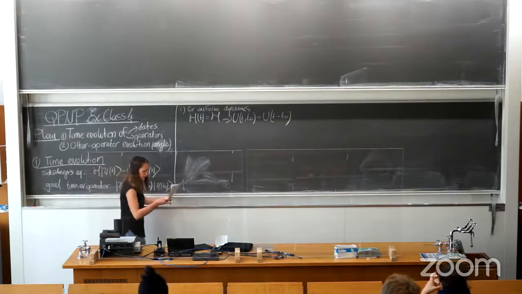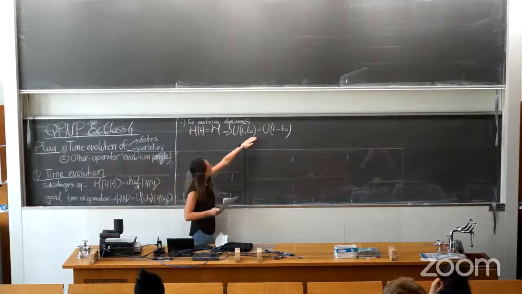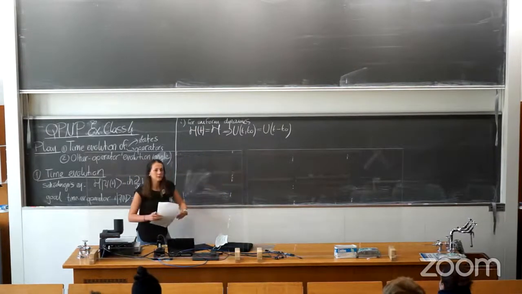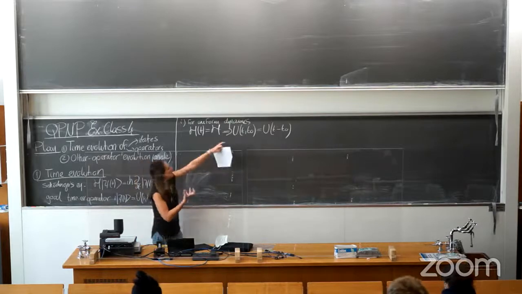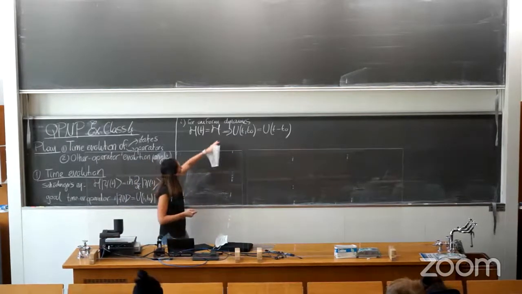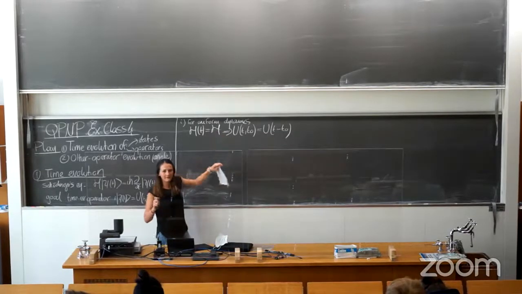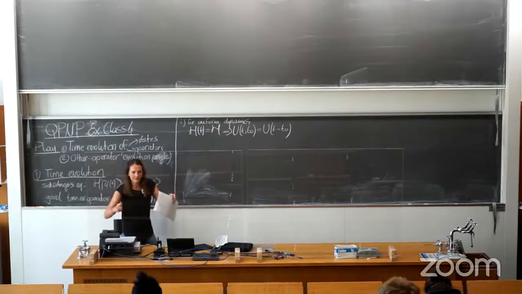So here it doesn't matter if we are at time 0 or at time 10. If I wait 1 second, my state will change by this operator, which is only this change, okay? Because the Hamiltonian is time independent, the change of the state is always kind of constant. So the state changes always in the same way.